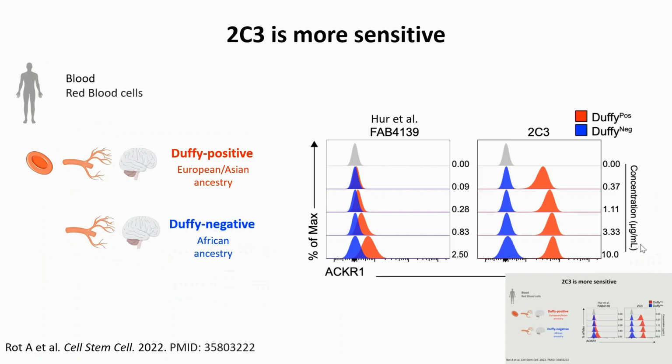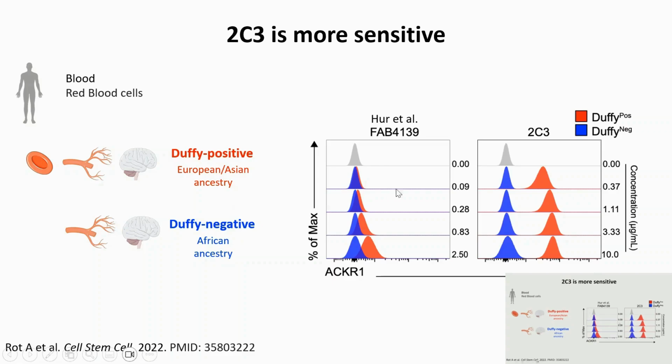So the majority of people do express SEKR1 on red blood cell, but some people carry a genetic variant that leads to the lack of expression of SEKR1 specifically on erythroid cell. And this phenotype is called Duffy negative, and it's highly prevalent in individuals of African ancestry. So we used blood from Duffy positive and Duffy negative donor in order to test the specificity of the antibodies.